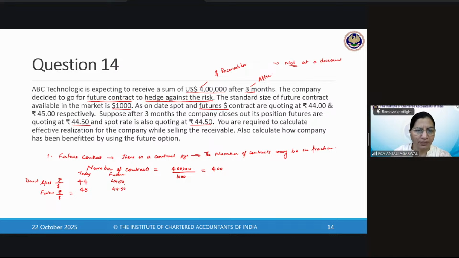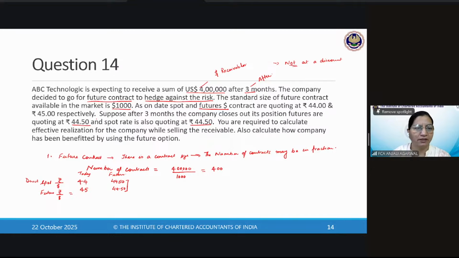Team, you will see one thing that future and spot should converge after 3 months and they are 100% converging, which means there will not be any basis difference here. And because the contract size is also same, you will somewhere find that the outcome of this will be exactly what is under the forward contracts also.